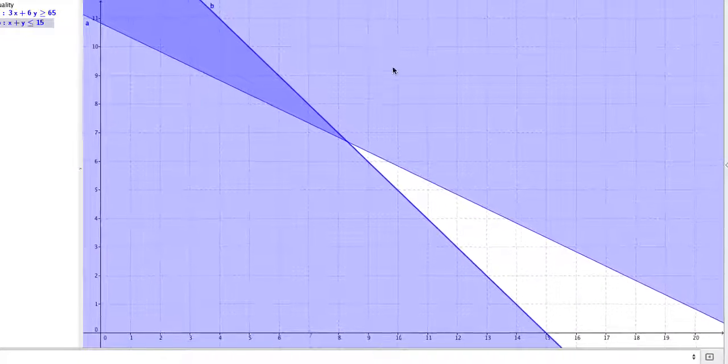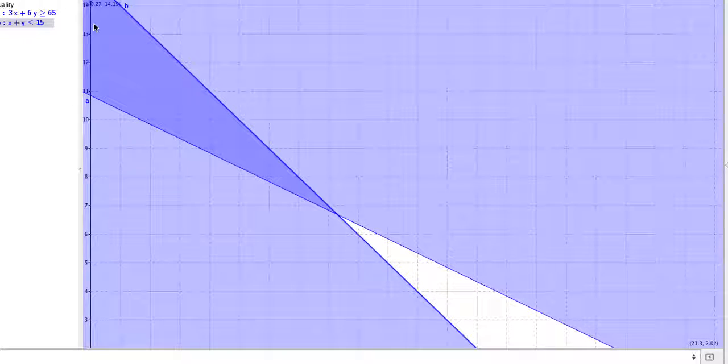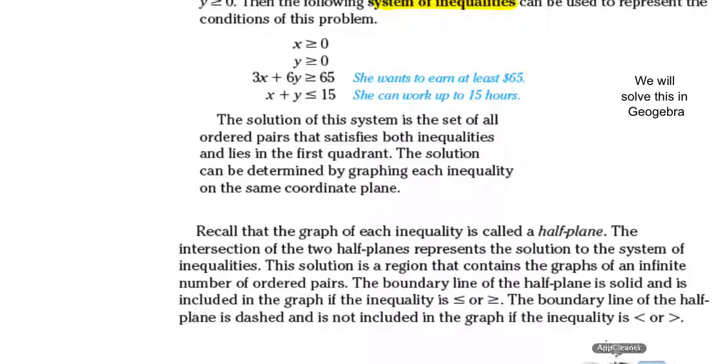So we're just talking about quadrant 1. All the points in this shaded region will make both inequalities correct, and that is the solution of our system of inequalities.